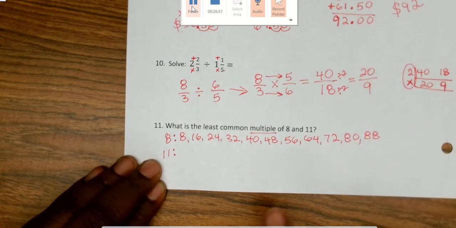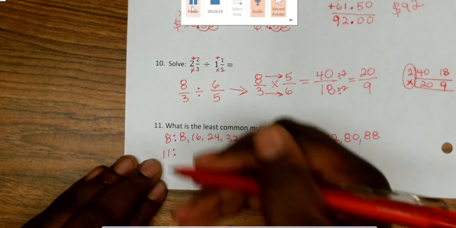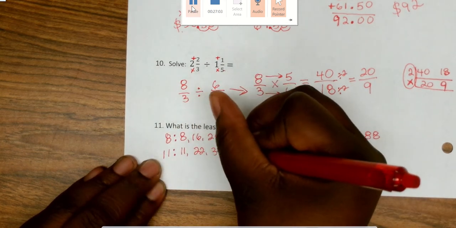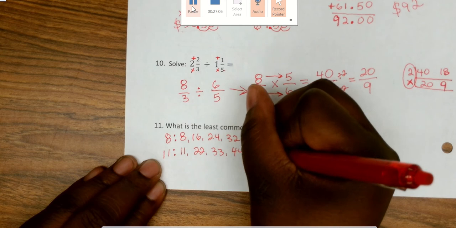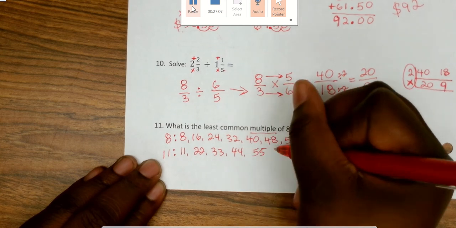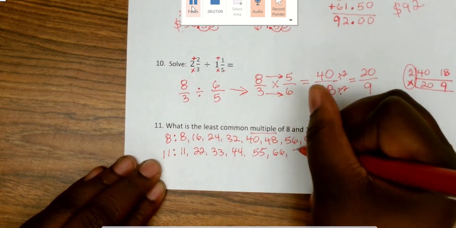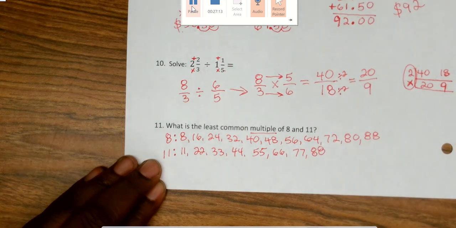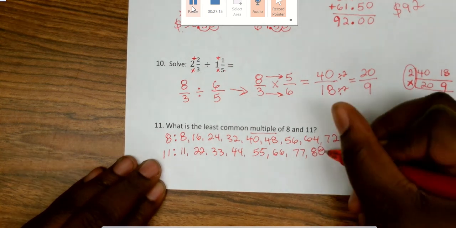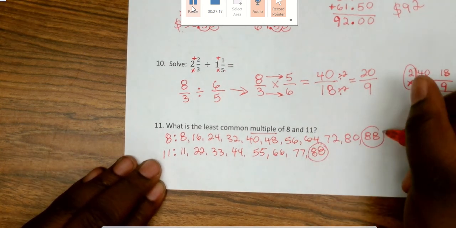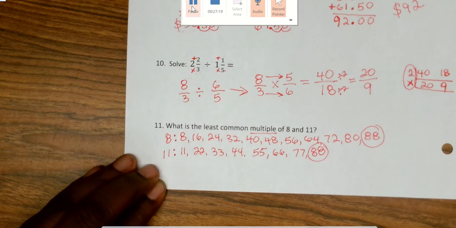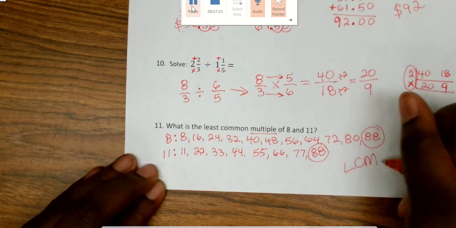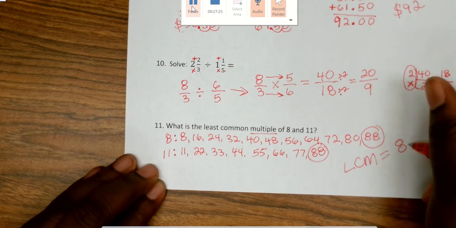So I'm going to write out my multiples of 11 just to be safe. Yep, there it is. I have 88. That's the first number that they both have in common when multiplying. So my LCM of 8 and 11 equals 88.